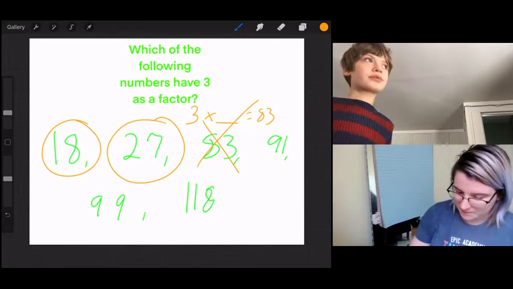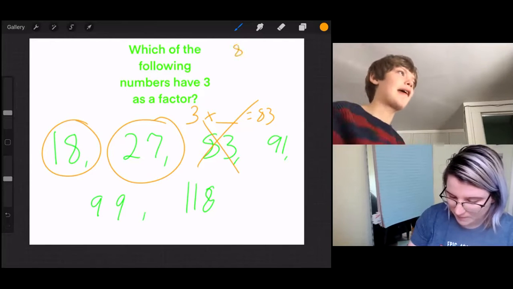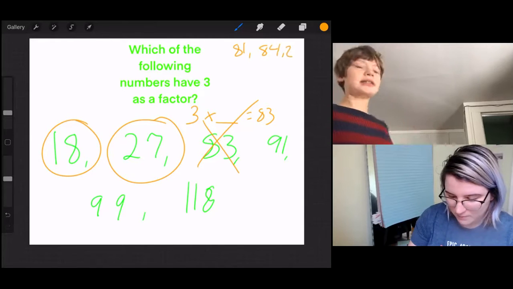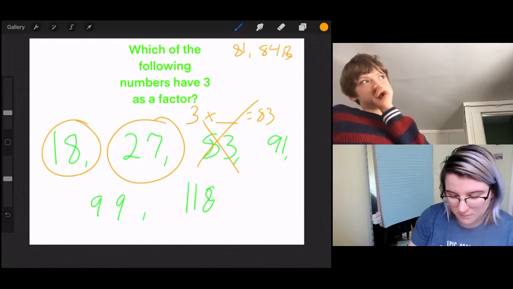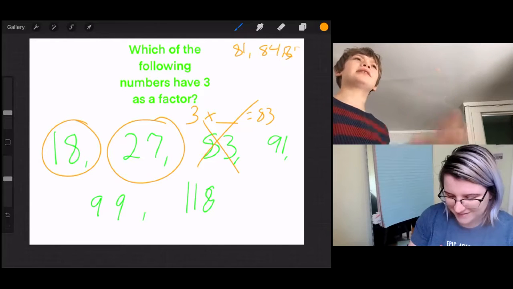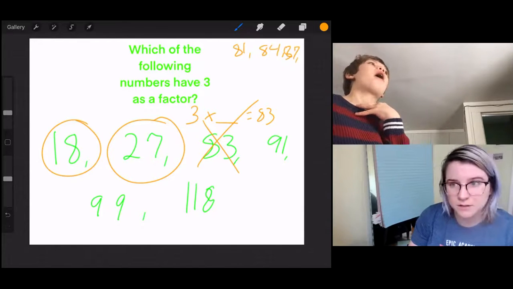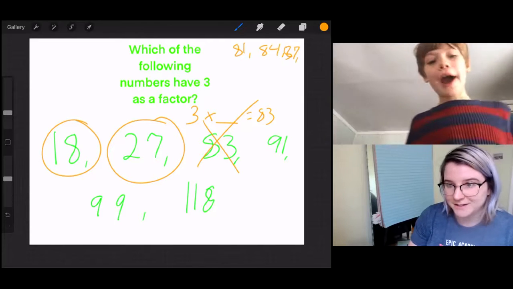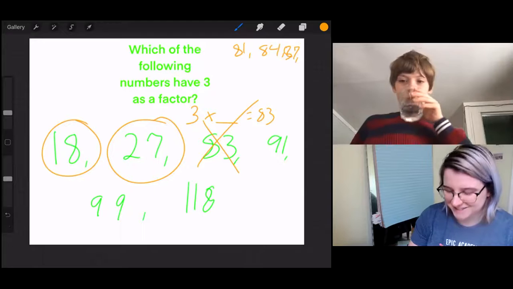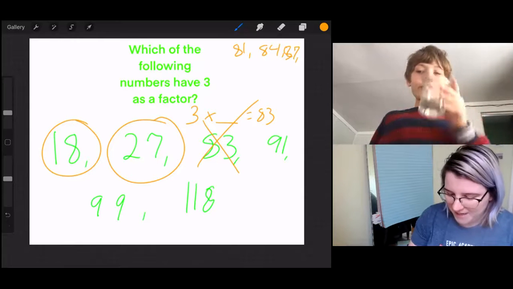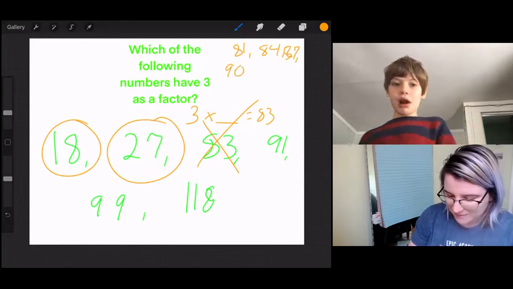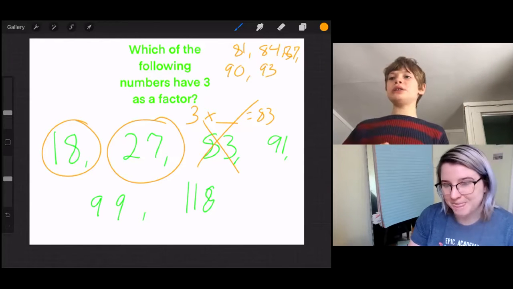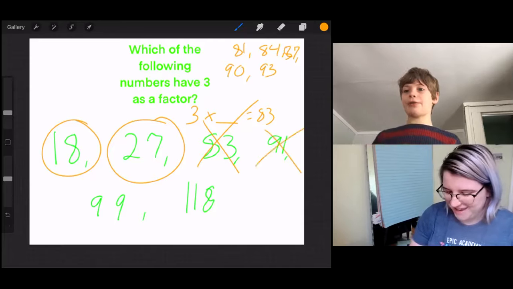And so is 87. 87, 88, 89, 90, 91, 92, 93. 91 is not a multiple of 3.